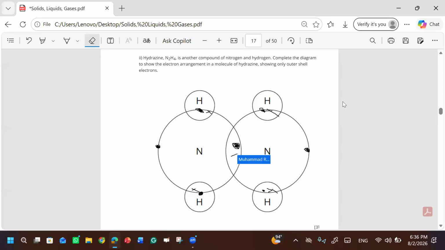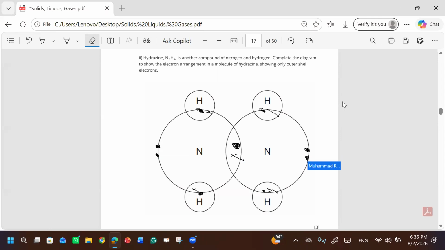It is completed. No, there should be another dot here.